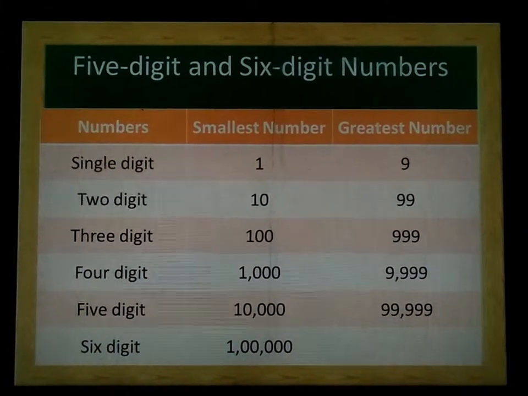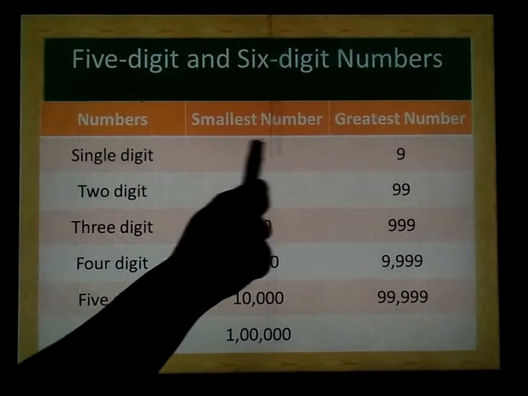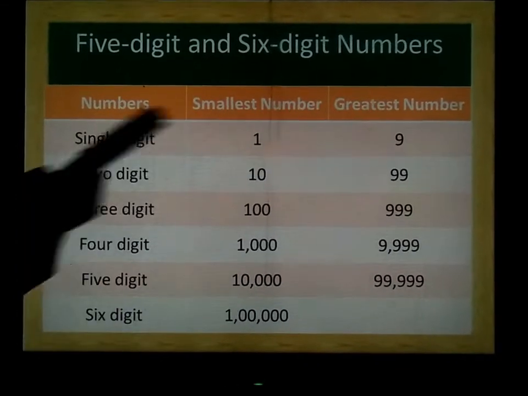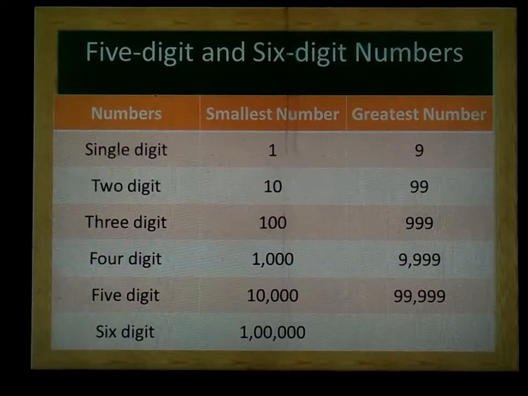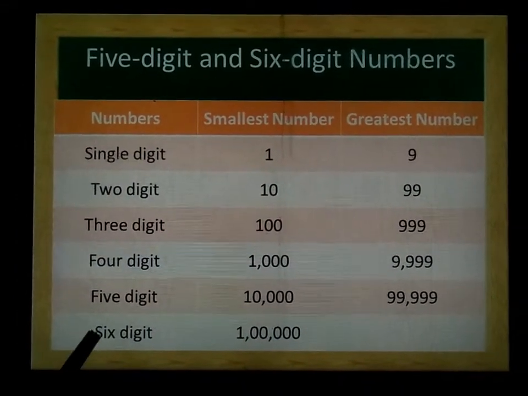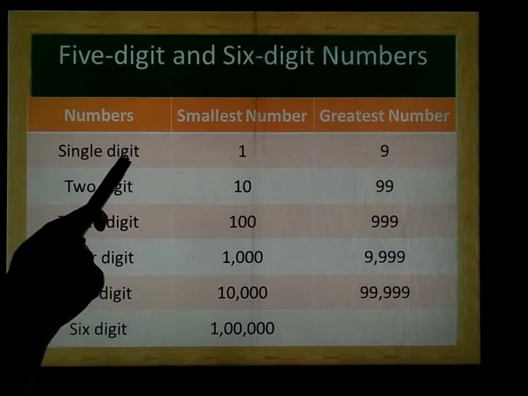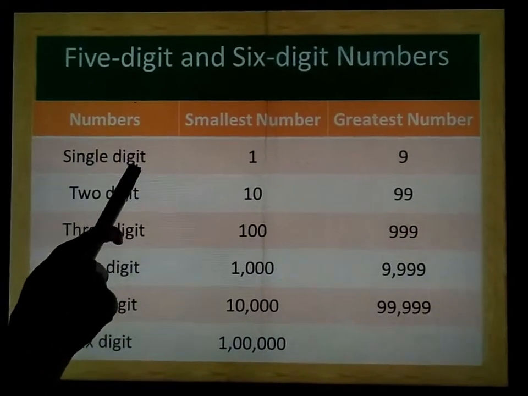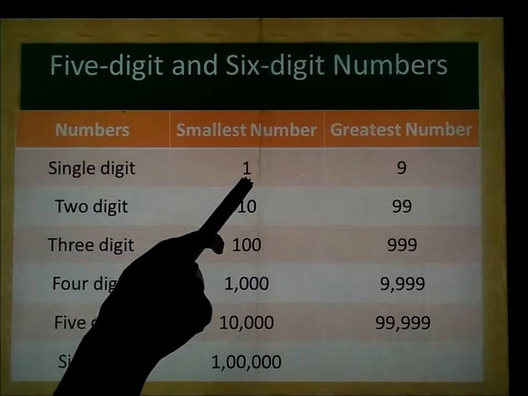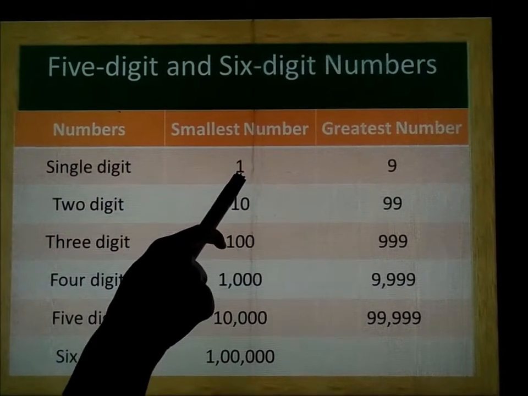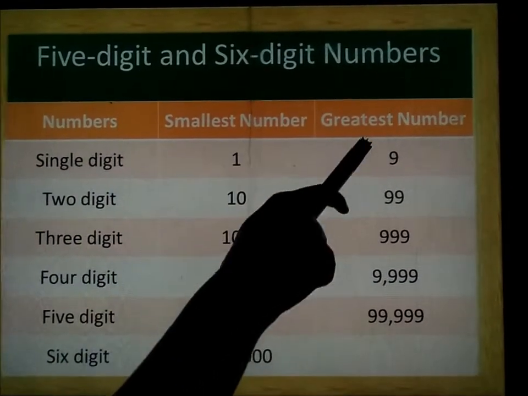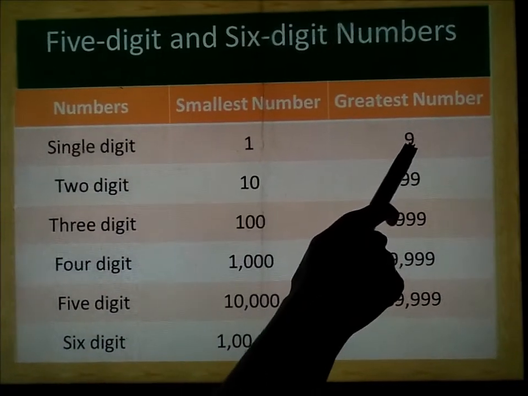Here we are going to talk about the smallest number and the greatest number of 5-digit and 6-digit numbers. But before we move to 5-digit and 6-digit, we will first start with a single digit. The smallest single digit natural number is 1. Natural numbers start from 1 and the greatest single digit is 9.